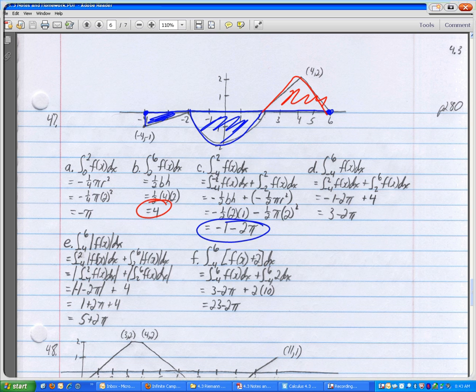So divide it up that way. Okay? So make it the integral from -4 to 2. That's the blue one. And we know what it is. It's -1 minus 2 pi. Plus the integral from 2 to 6. That's the red one. And we already know what that is. It's 4. So add those together, and we have our integral from -4 to 6. Make sense?